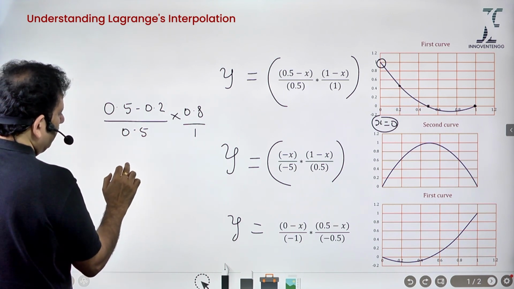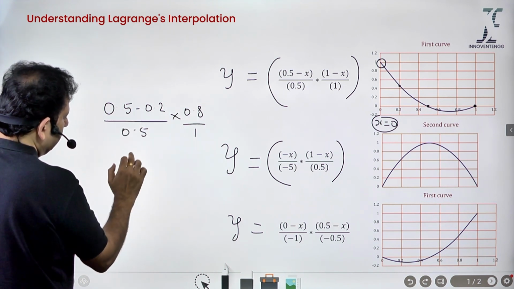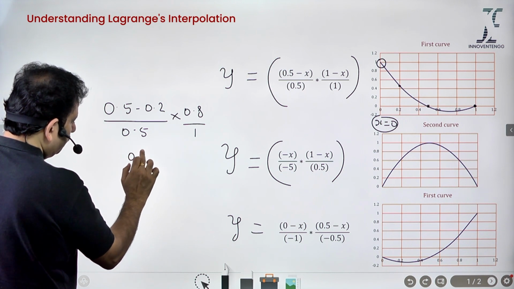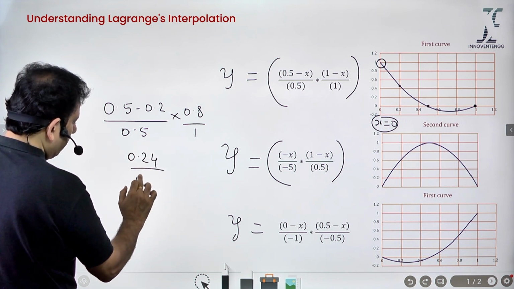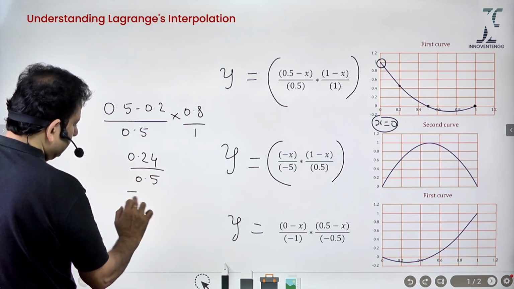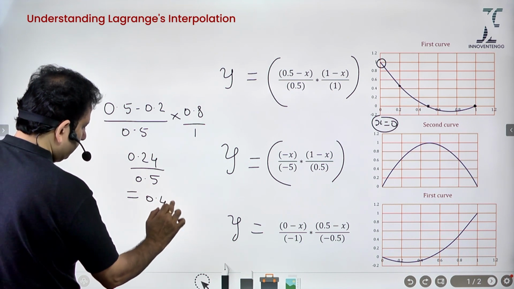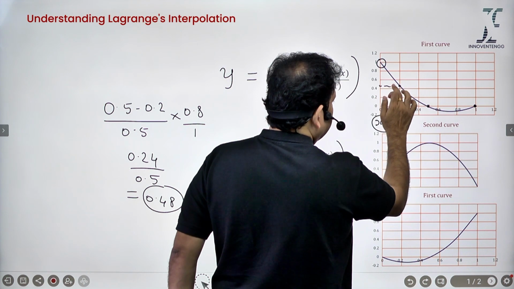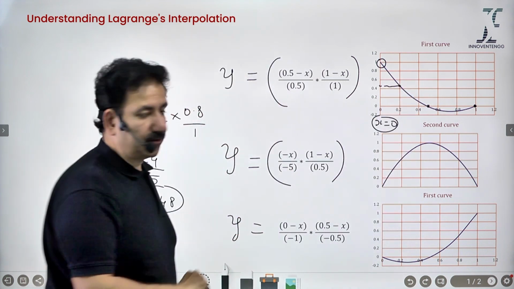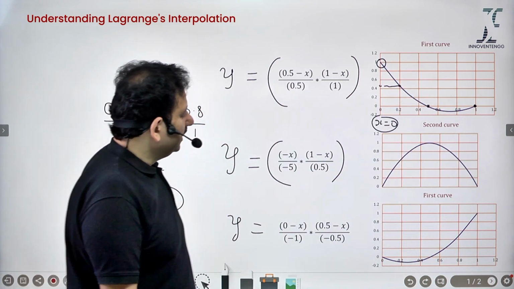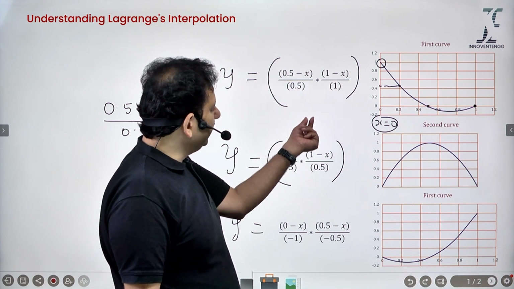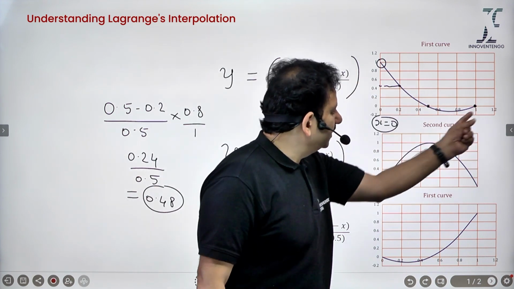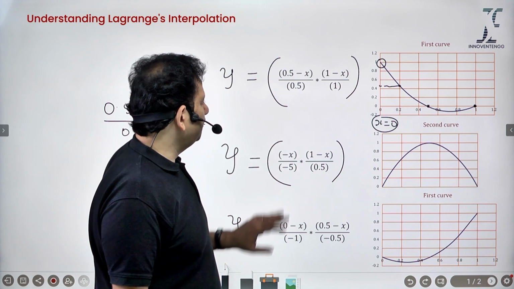So what happens? This becomes 0.3 and this becomes 0.24, and then divided by 0.5, that means it is approximately 0.48. And you can see that this is exactly approximately 0.48. So that means if you input any value of x along this fitted curve, what happens?